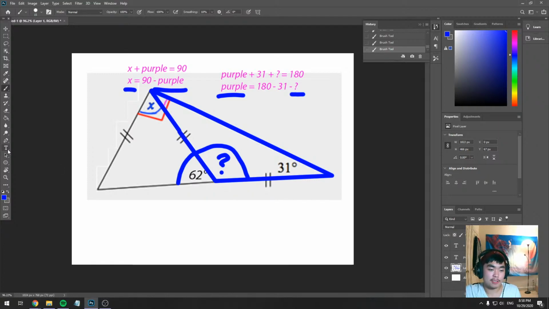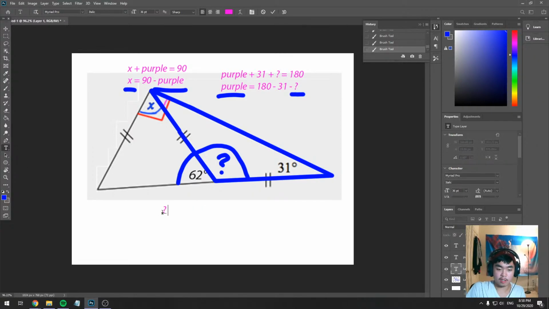If you answered 118, then you would be correct. The question mark plus 62 equals 180 because they're supplementary, meaning the question mark is equal to 180 minus 62, which is 118.